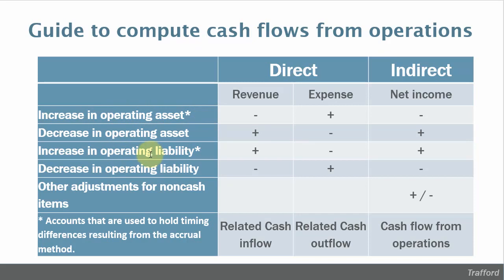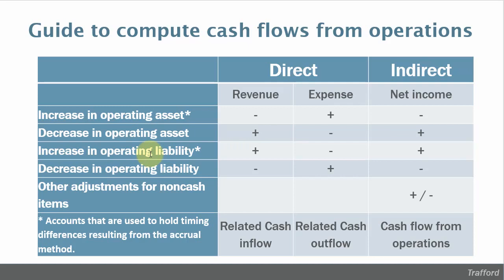An example of an operating asset account, again, this is the definition just for purposes of the statement of cash flows, would be accounts receivable. Accounts receivable is one of the accounts that holds the difference between revenue and collections from customers. So accounts receivable holds the part of that difference that's related to the fact that some of a company's sales might be on credit.